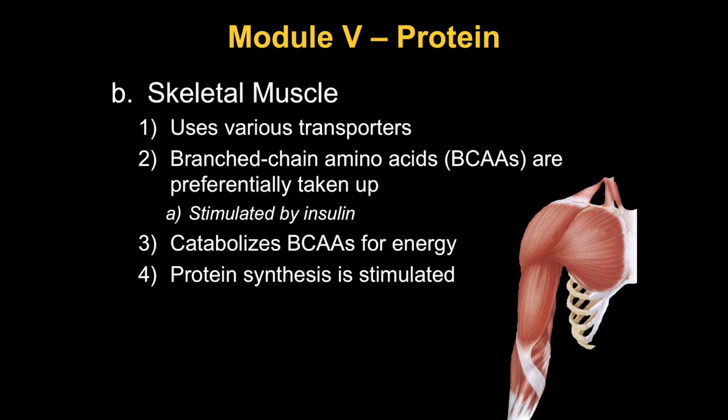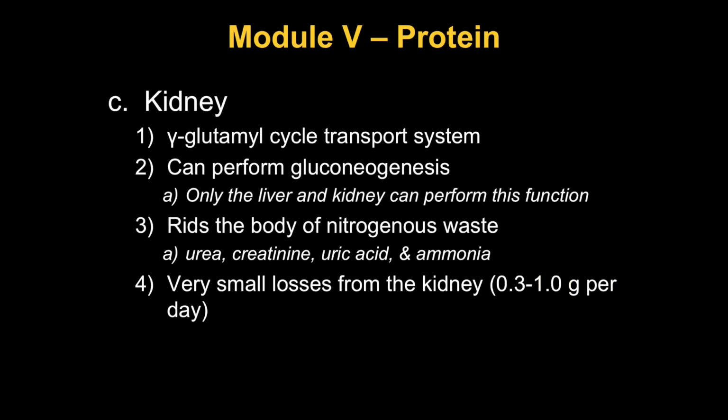The kidney also utilizes amino acids. It may be a part of the gamma-glutamyl cycle transport system. The kidney can do some gluconeogenesis, so you can take some of these amino acids, strip off that amine group, be left with the carbon skeleton, and use that carbon skeleton to make glucose.